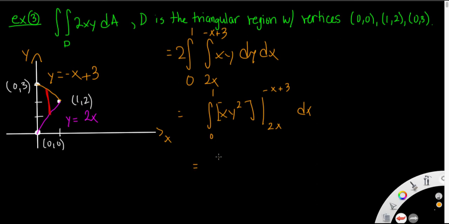We'll go ahead and plug in our bounds. Get x multiplied by, oh, this one's going to be a long one, negative x plus 3 quantity squared minus 4x squared dx.